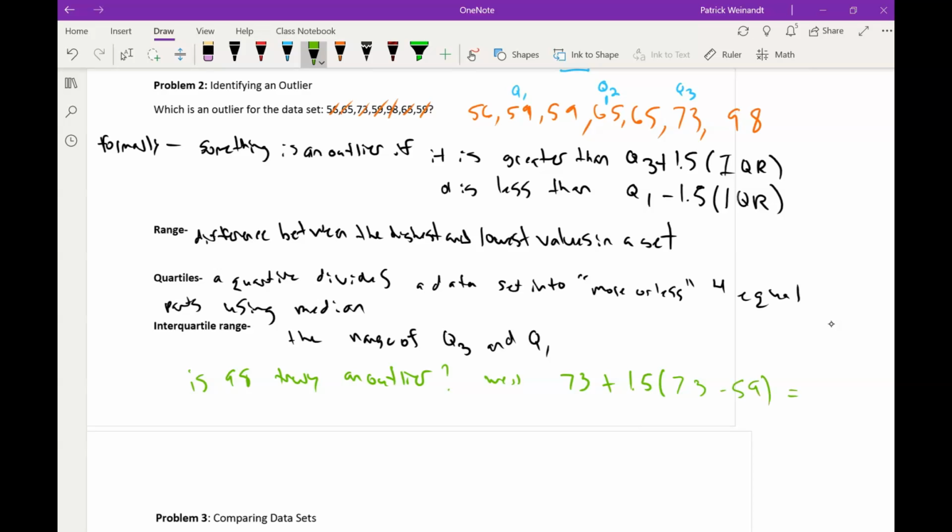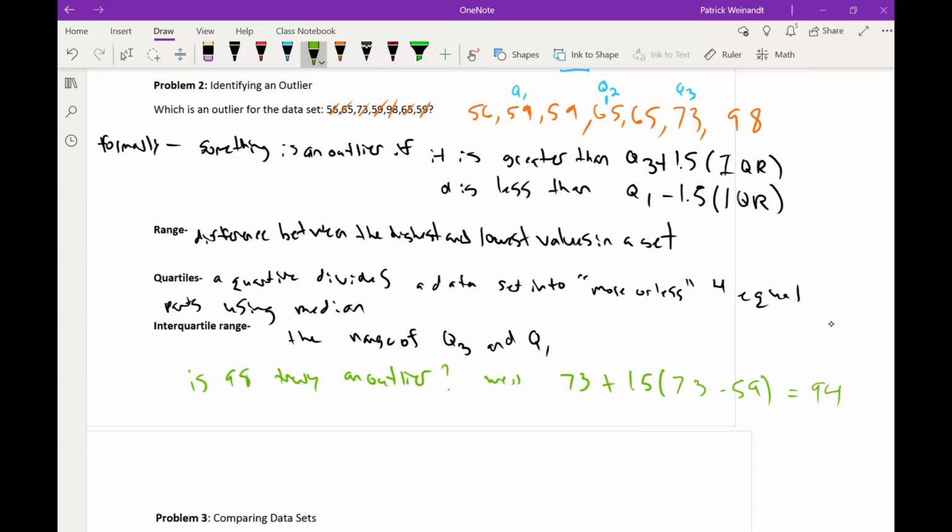You plug that in, and you should find that you get, what do we get? Oh, I thought I worked this out on my notes. All right, I guess I'll just do this on my calculator now. So, 73 plus 1.5 times 73 minus 59, and you get 94.